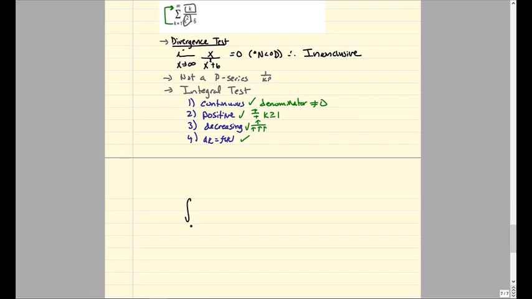So let's look at the integral from 1 to infinity of x over x squared plus 6. This is going to be a nice little u substitution. U is x squared plus 6. Du is 2x dx. So I'll multiply by 2 on the inside, compensate with the 1/2 on the outside, and I have the integral of 1 over u du.